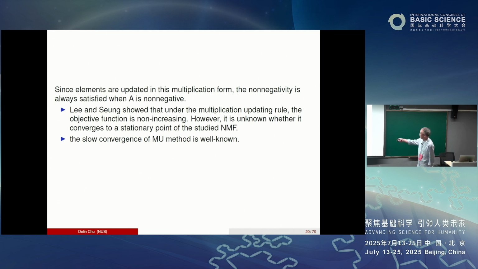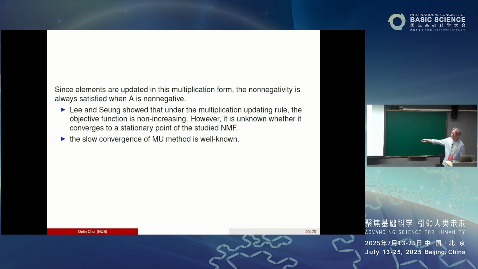The main advantage of this method is that it is very simple, right? Also, we know that under the multiplicative updating rule, the objective function is non-increasing. So the sequence of objective values is convergent, but so far nobody knows whether it converges to a stationary point of our non-negative matrix factorization problem.